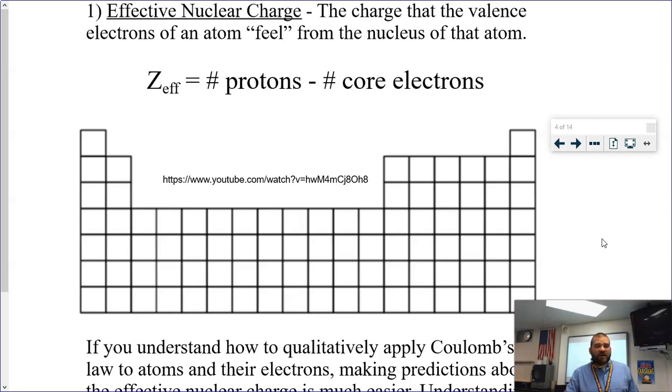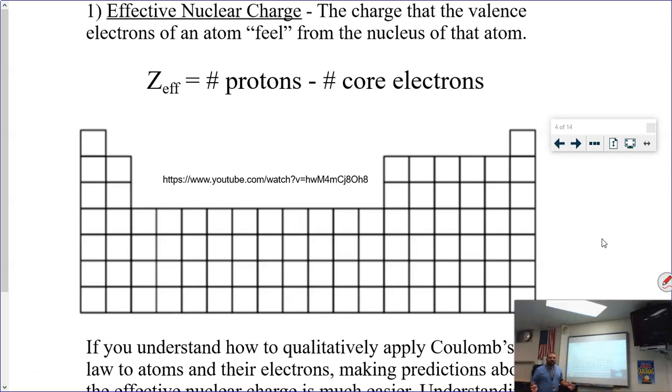There is a generic equation that we can use to roughly estimate what this value would be, okay? And that equation is, we take the number of protons that that atom has and subtract the number of core electrons that that atom has. So let's practice a couple of those now.